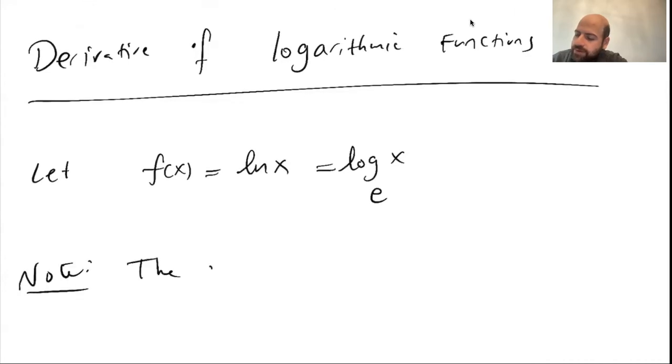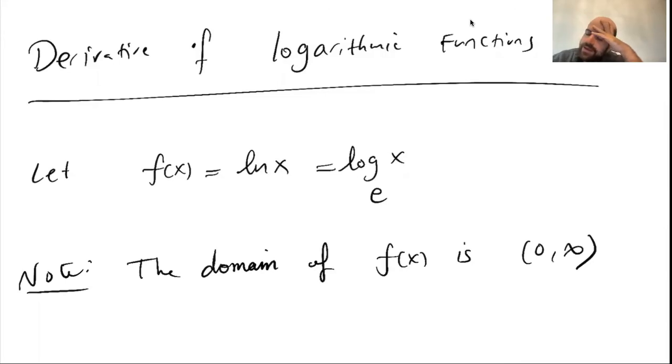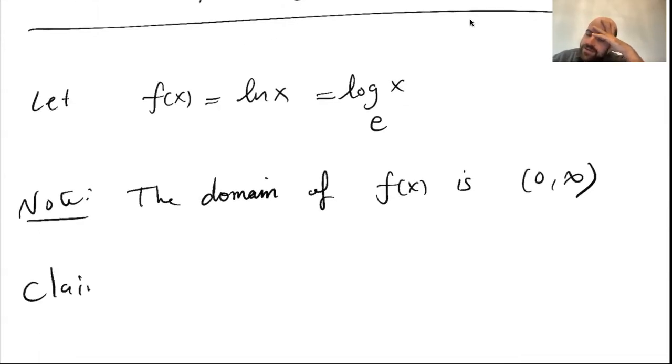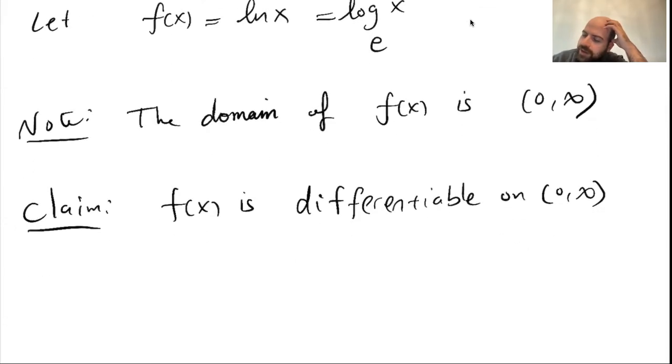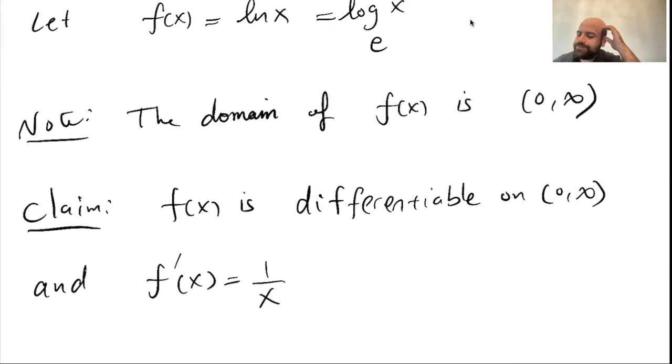The domain of f of x is 0 to infinity, open interval 0 to infinity. And our claim is f of x is differentiable on the whole interval, on its whole domain. F of x is differentiable on 0 to infinity, and f prime of x is equal to 1 over x.